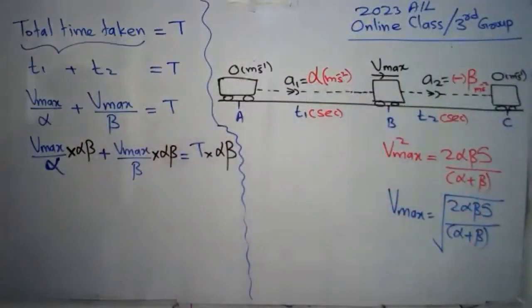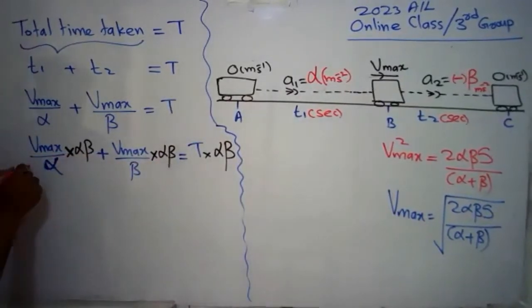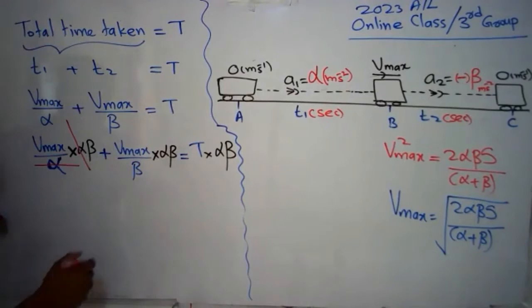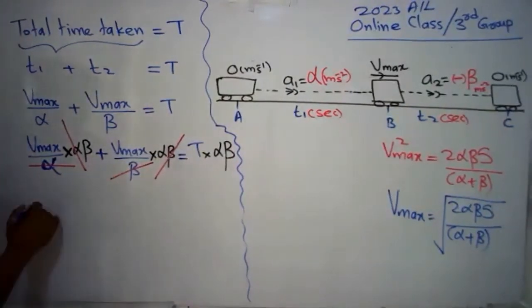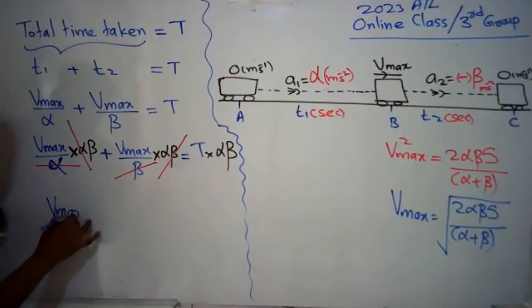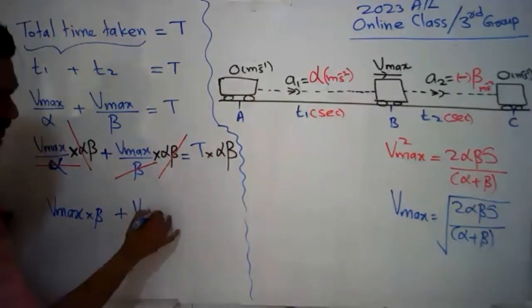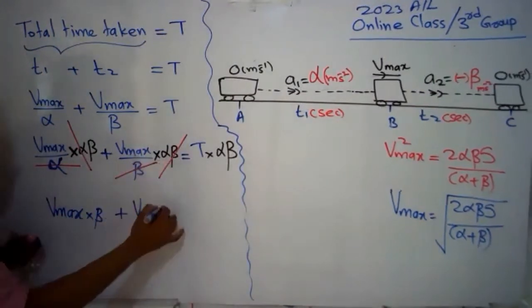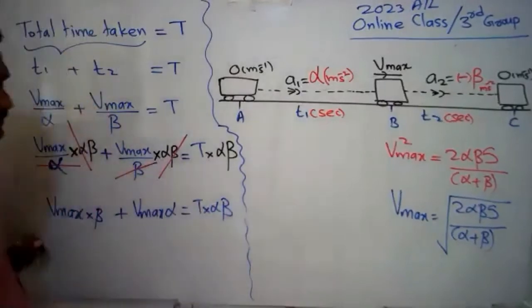We have multiplied all the terms by alpha beta. The point here is this alpha and this alpha cancelled out, beta to beta cancelled out. The remaining terms are V max into beta plus V max into alpha equals T into alpha beta.